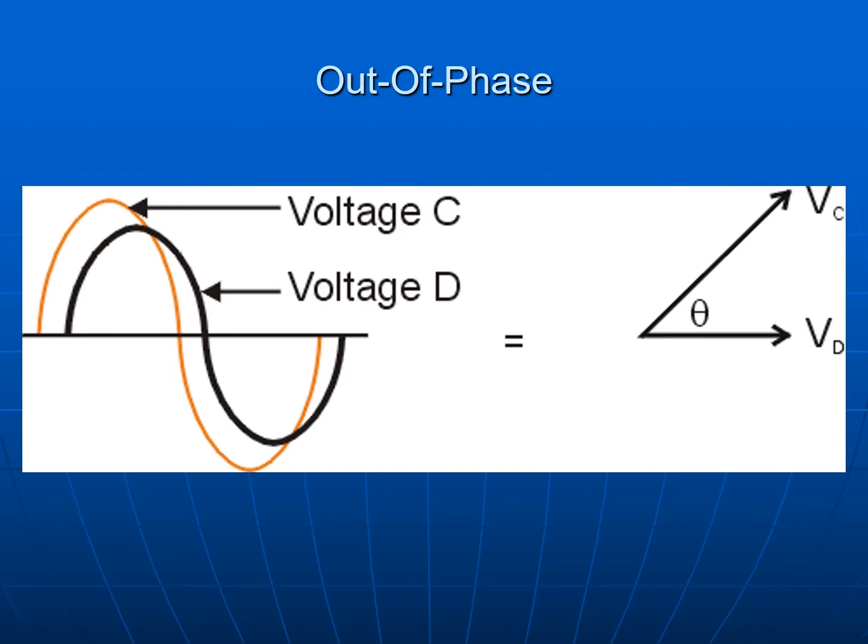On my sine wave, I can represent both of the sine waves on the same diagram, and one will be either before or after the other. When I represent those on a phasor diagram, I'll be able to have one of those values on my reference line at 0 degrees, and then the other value will be off 0 degrees somewhere. And that represents the angle of difference between those two, or the time difference between those two phasors.